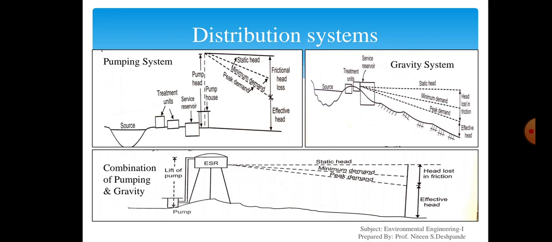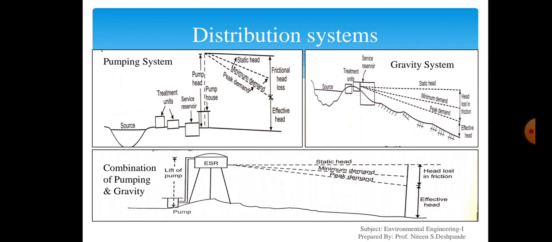Now here in this slide we can see the three types of distribution system. First type is the pumping system. As we can see in the diagram, the treated water is directly pumped into the distribution mains without storing in high level reservoirs.